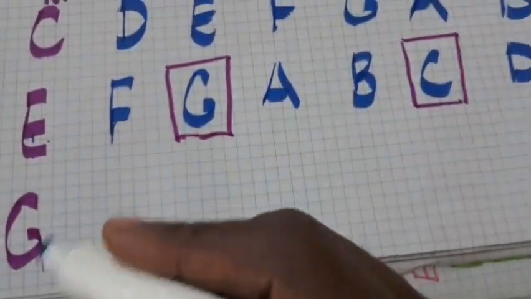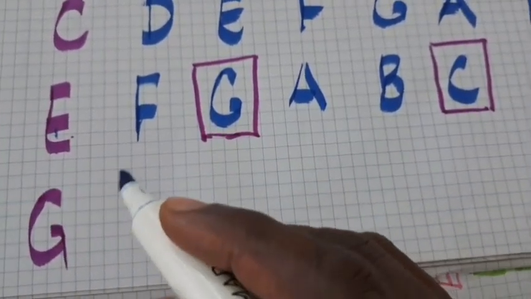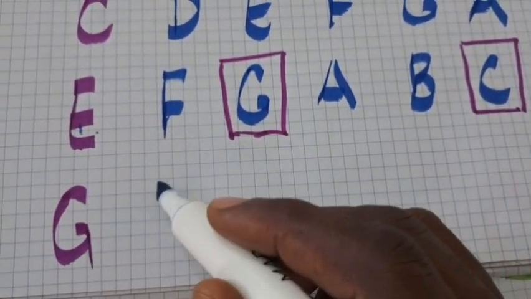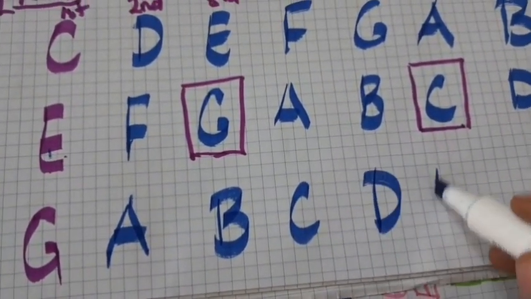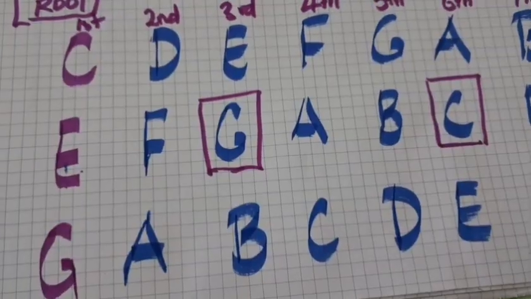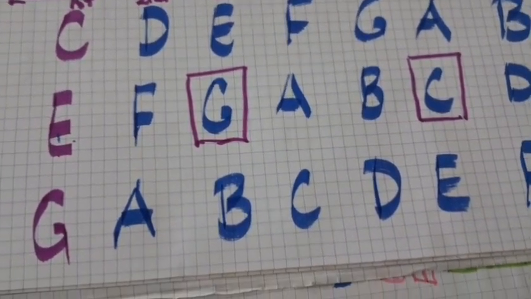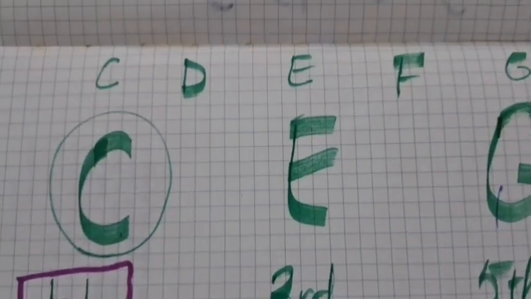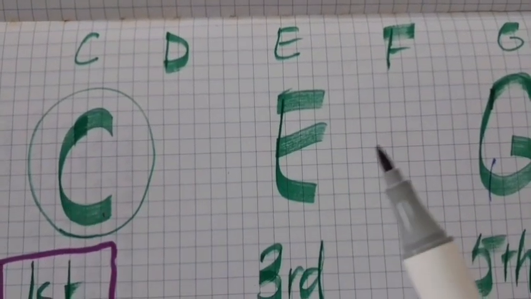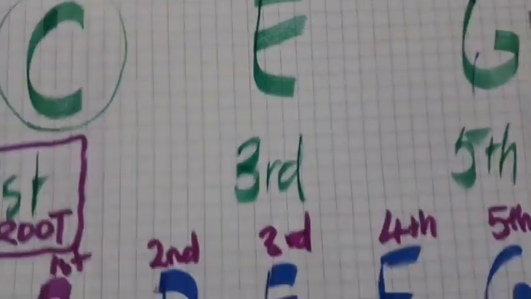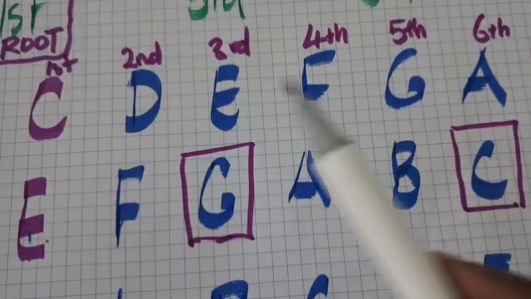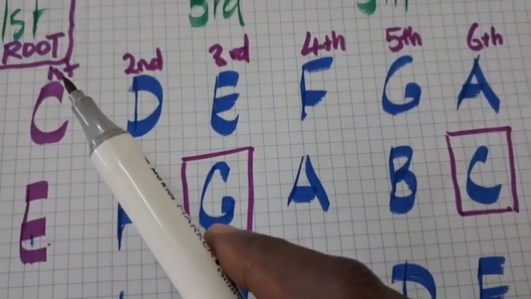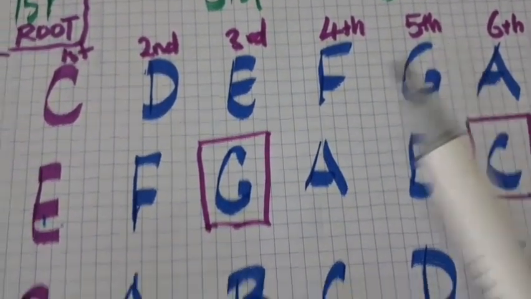Okay. Now let's try this again. It will become clearer as we continue. Just be patient. G, A, B, C, D, E, F, and G. What are we looking for? We are looking for C, E, and G. Here our C was here and E and G was here: first, third, and fifth.